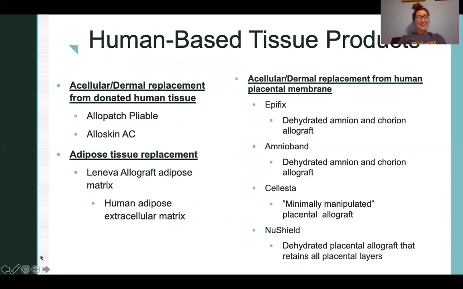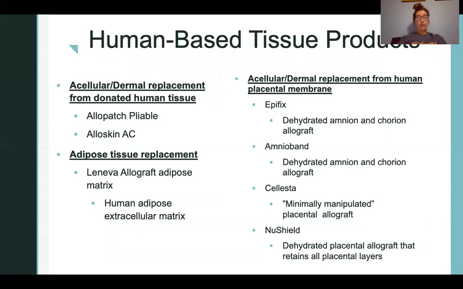And then for the human-based tissue products, the acellular dermal replacement from donated human tissue, just some examples would be AlloPatch Pliable and AlloSkin AC. Adipose tissue replacement, the Leneva allograft adipose matrix, human adipose extracellular matrix.